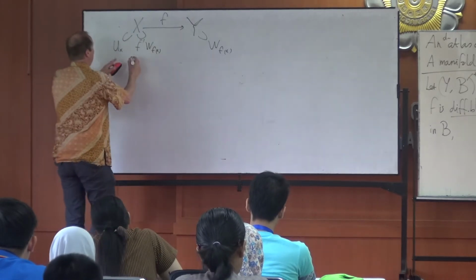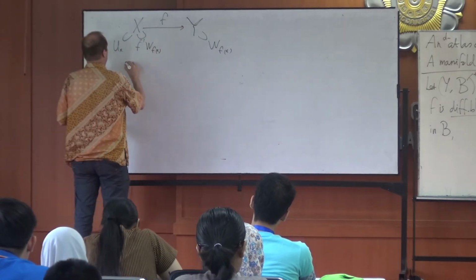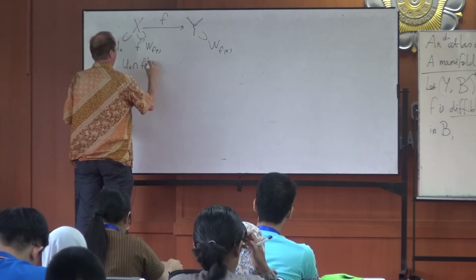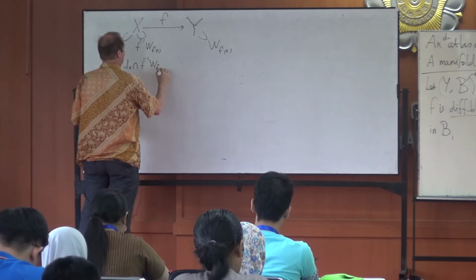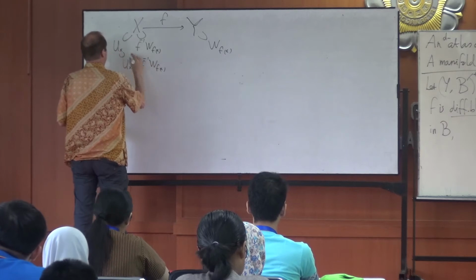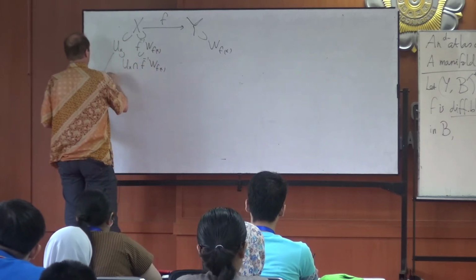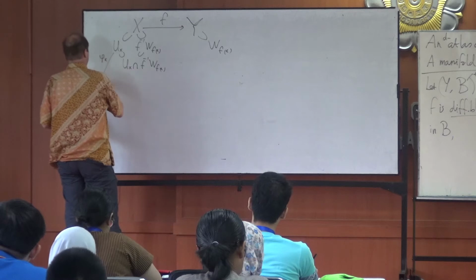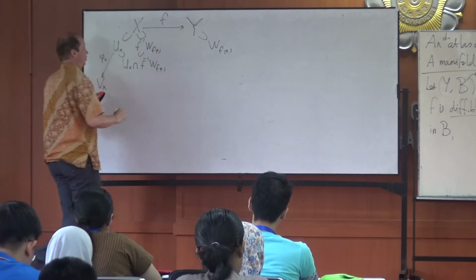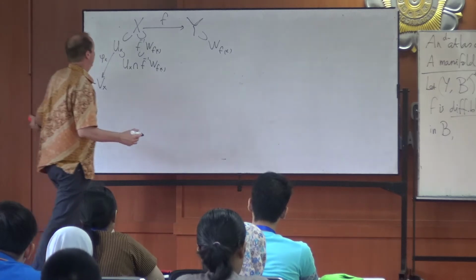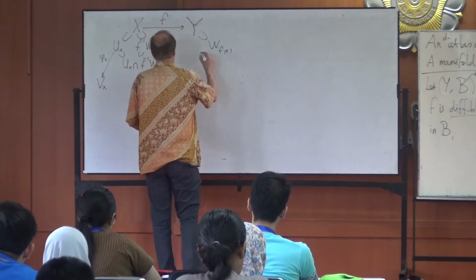And then here I can look at the intersection, right? Here I have U_x intersected with f inverse of W of f(x). That is contained in here and contained in there. And here I have my phi_x to the V_x. Sorry for the complication, but this is how it is. It is not simpler. And here I have a map.